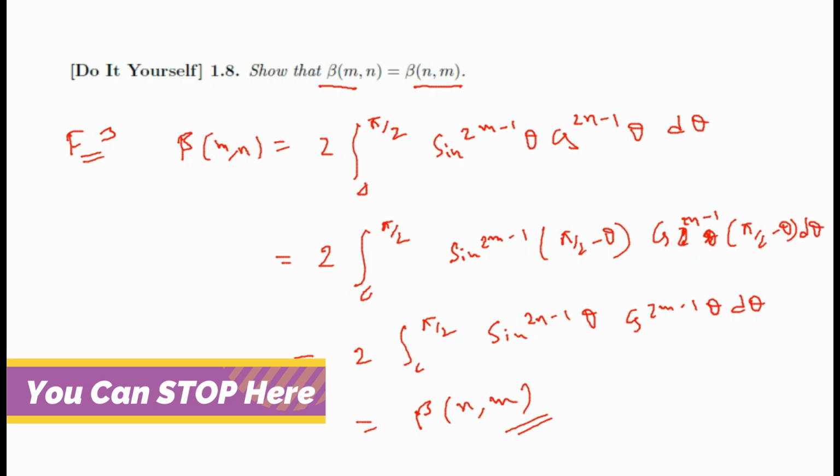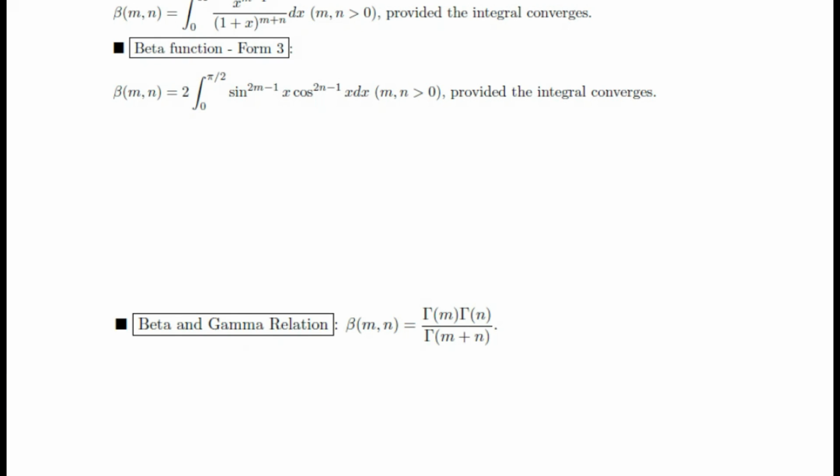So the result is trivial. And lastly, we will prove the relation between beta and gamma. So this is actually a complicated proof, and I will try to present it as simply as possible.